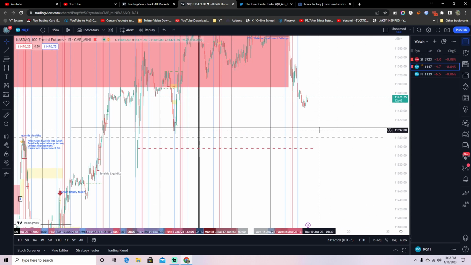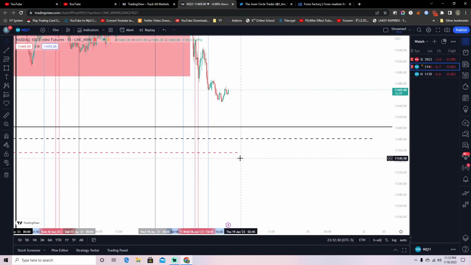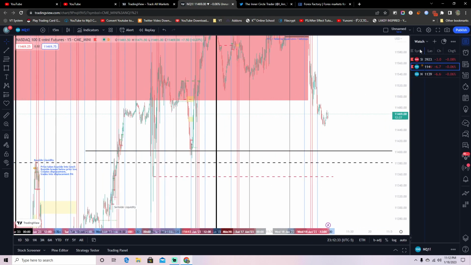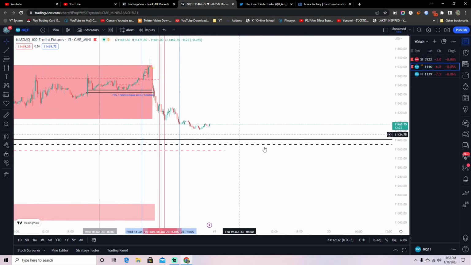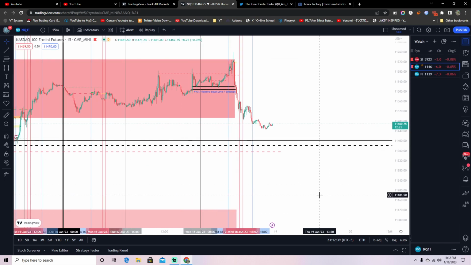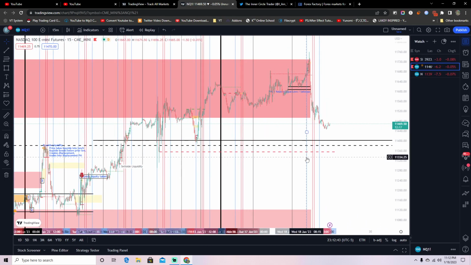If it continues lower, and we continue seeing it trade below equilibrium, then I'm gonna expect it to go into a discount. Right now, and one of the things ICT highlighted on the Twitter space is, I'm neutral. I'm just speculating, but I'm also spectating. I'm trying to get the idea in my head that these are the key levels I'm looking at.